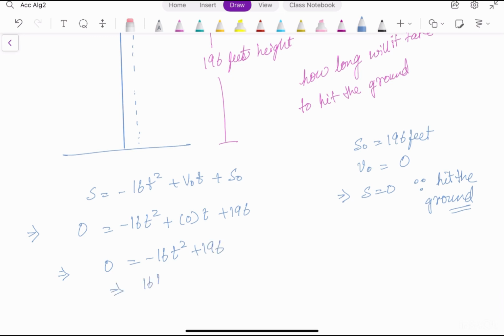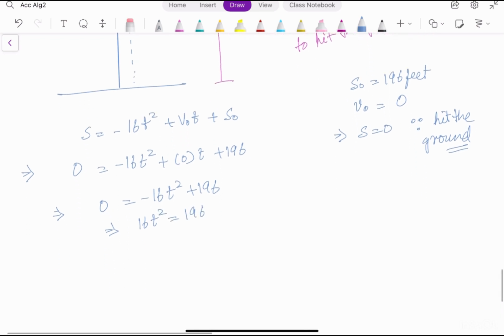I can rewrite this as 16t squared is equal to 196, and divide both sides by 16. You will get 196 over 16. You can convert it into a decimal, 12.25, and if you take the radical you will get approximately 3.5 seconds.